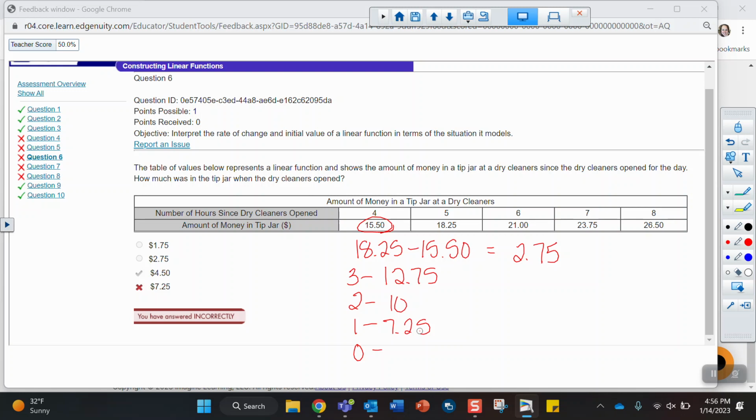That's the starting point. So it looks like you went to maybe day 1. We have to subtract one more time, and that's going to give us $4.50.